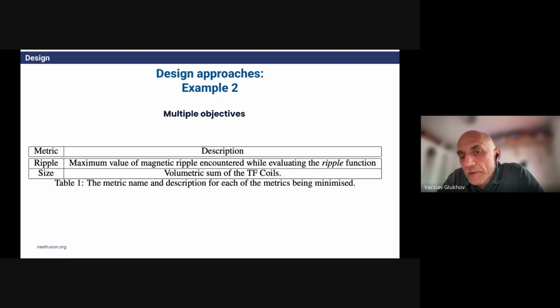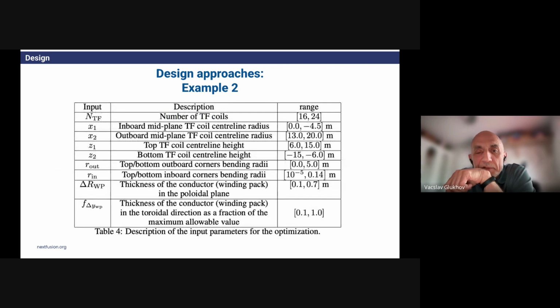They want the magnetic field to be as smooth as possible, and at the same time they want the volumetric sum of the coils to be small as well. So they are minimizing these parameters. And this is the design space, a large design space with a variety of parameters related to the toroidal coils. These are the ranges.